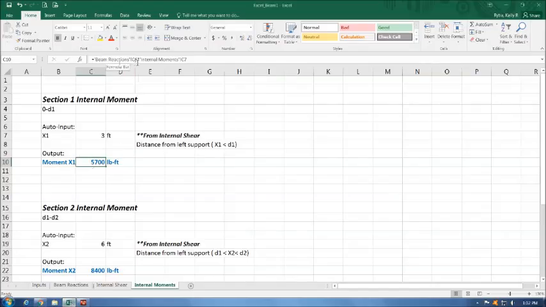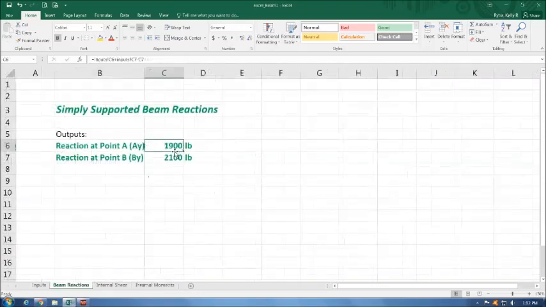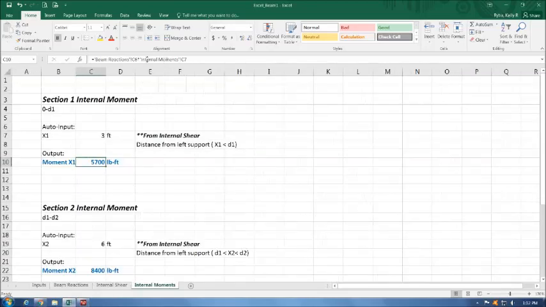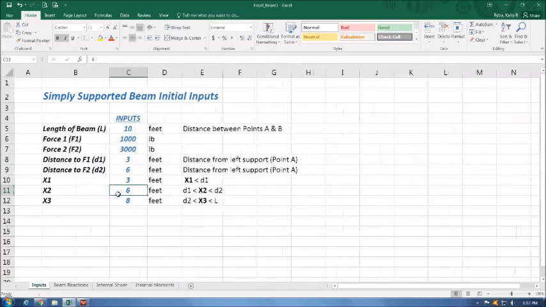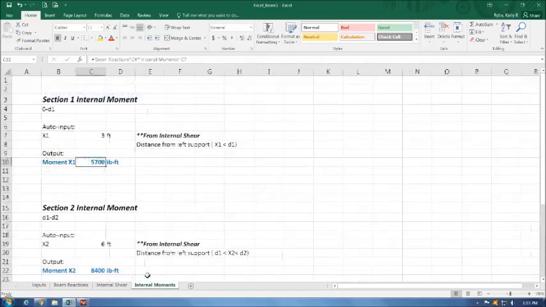So I go back over here. Here's my A1. That's that beam reaction C6. So if I go here, that's right there. And then my internal moments C7 is the value right from here, the X. Or you could also reference back to the inputs over here as well, because it'll automatically go there for the input, because this comes from the input for the X1.